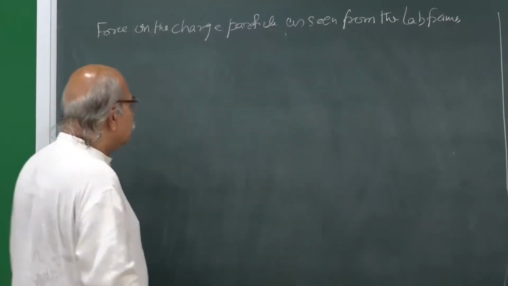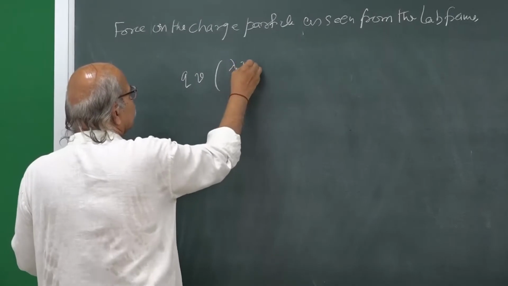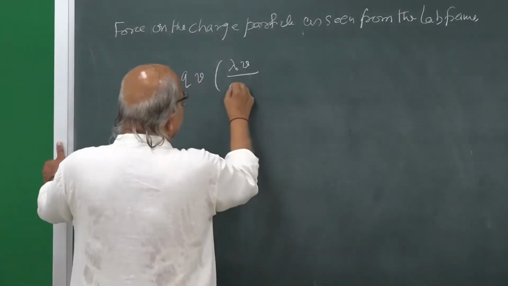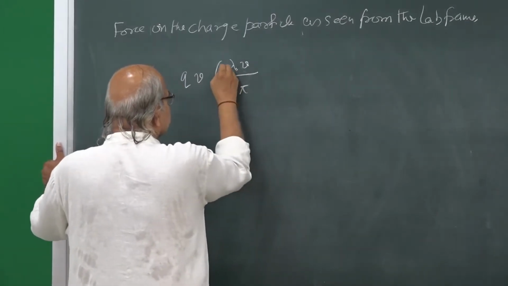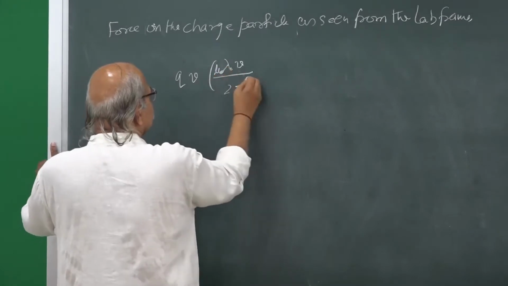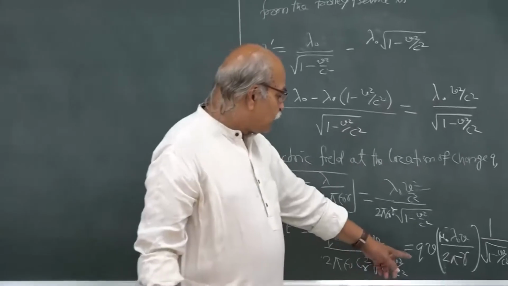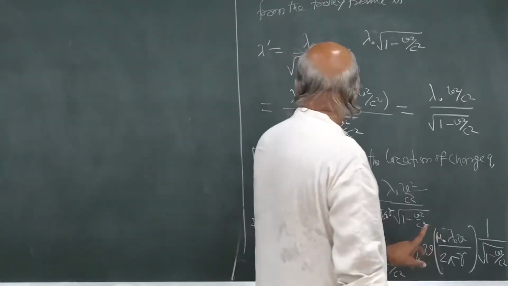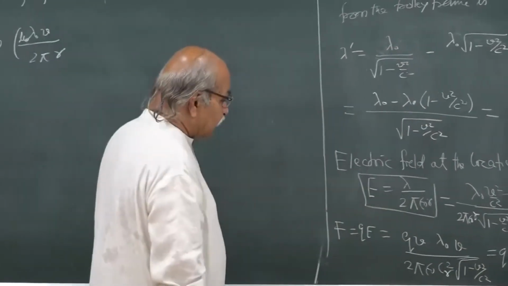And that will be q into v and into lambda naught v divided by 2 pi r, with mu naught here. So, I have written q and then v, lambda naught, mu naught, and then v, and 2 pi r.